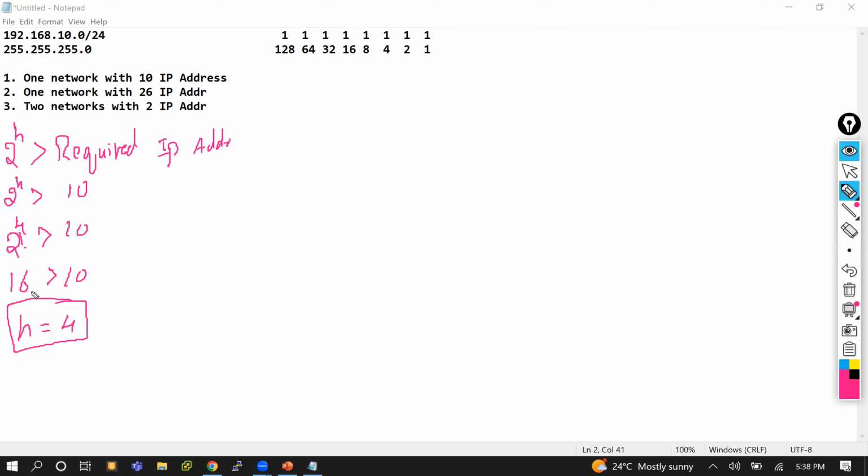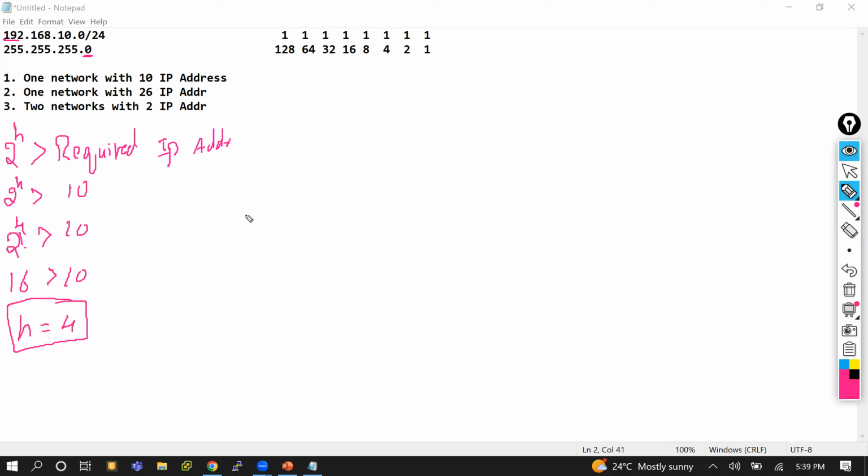Now we are doing VLSM. So how many bits are left for the host part here? Which class IP address is this? Class C. Only 8 bits are left for the host part. Now I have to borrow how many bits? 4 bits. From where do I have to borrow these 4 bits?